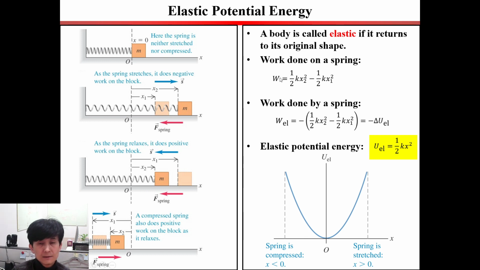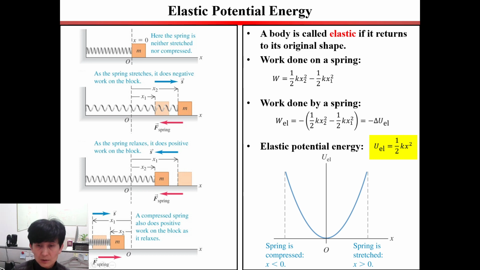And the work difference between point 1 and point 2 is just 1 over 2 k x2 squared minus 1 over 2 k x1 squared. That's the work done to a system when we move an object from the x1 point to the x2 point.